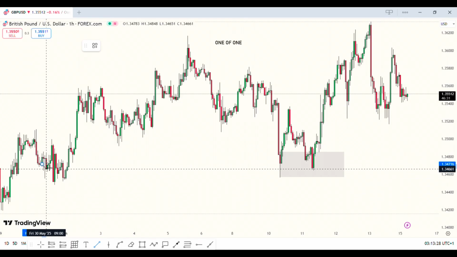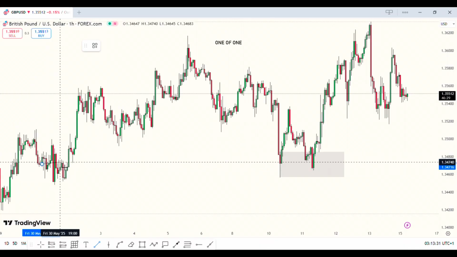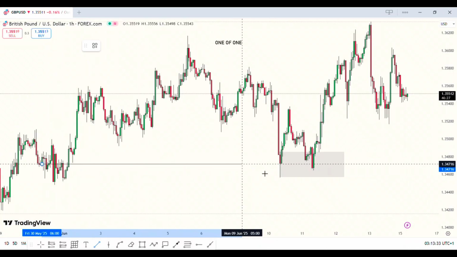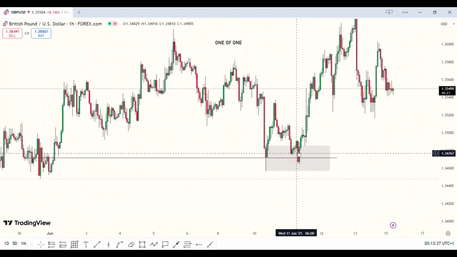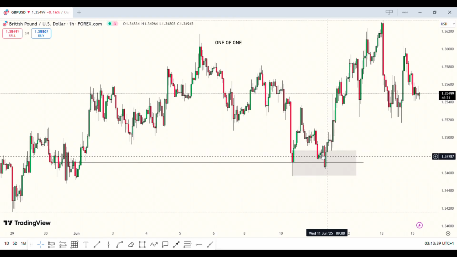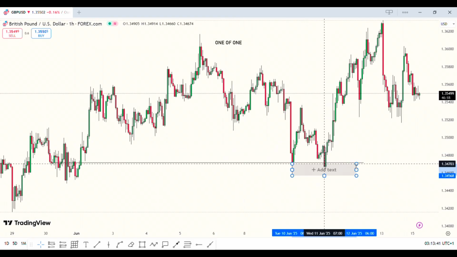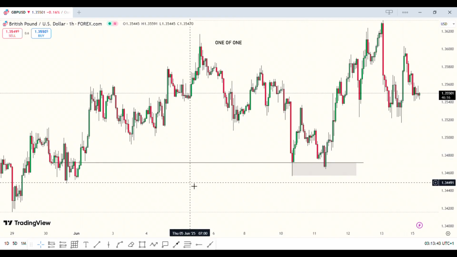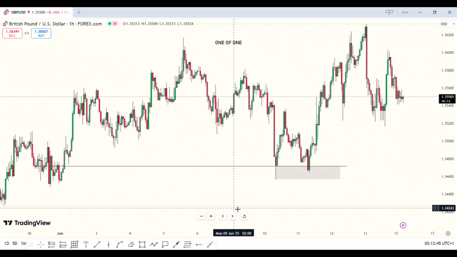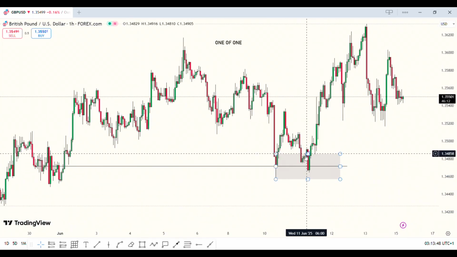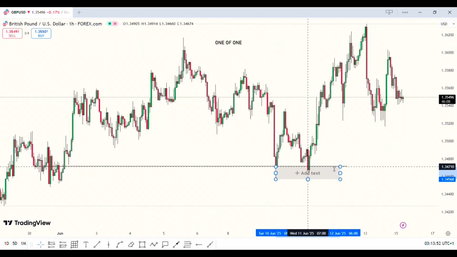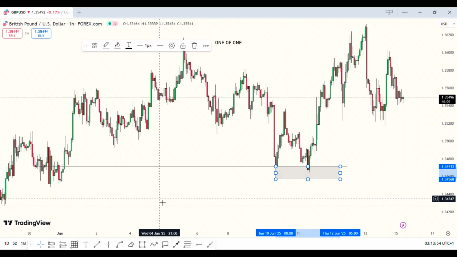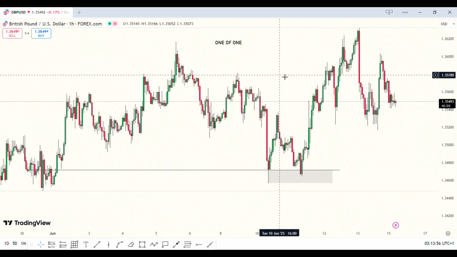We can see multiple rejections here, multiple rejections there, and we simply stretch this out, and that would be the entry. So basically, we have managed to refine this from this large zone, this whole other block, to this. And that would be your entry.